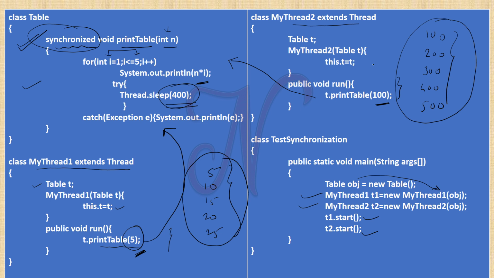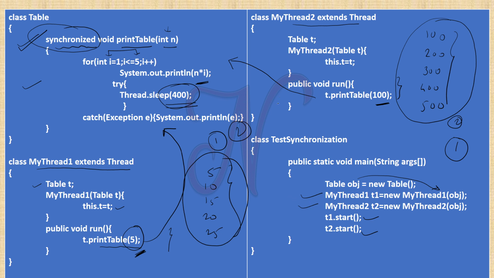Okay, so the order may be different on many computers. On some, the first order is 5, 10, 15, 20, 25, and the second order is 100, 200, 300, 400, 500, while on other machines it is the reverse, because both threads have normal priority.